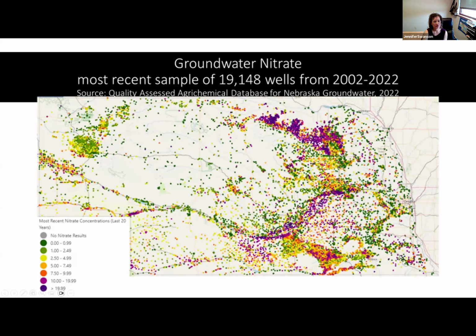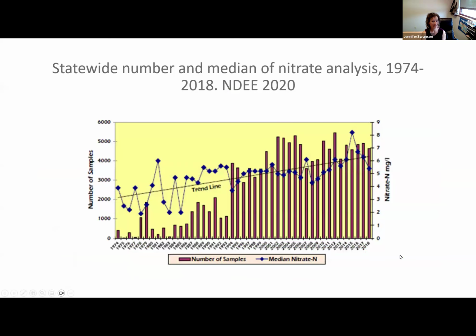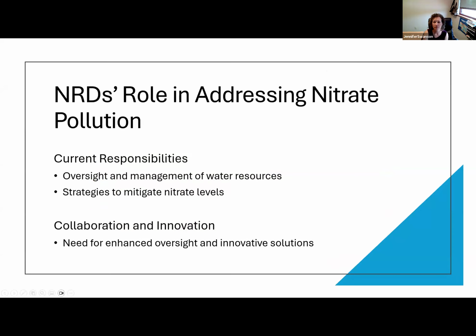With that, we can also see that our trend is increasing over time. And again, this is an older graph, but the context is still the same, that we're seeing these increasing trends in nitrate concentration. We haven't seen them level off yet. We haven't seen them on a downward trend. And so we're using this data to make management decisions.